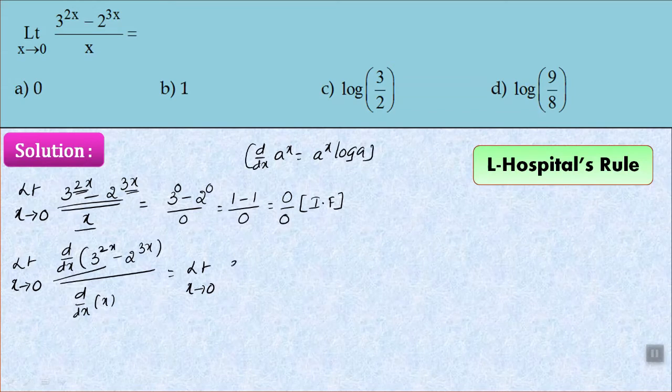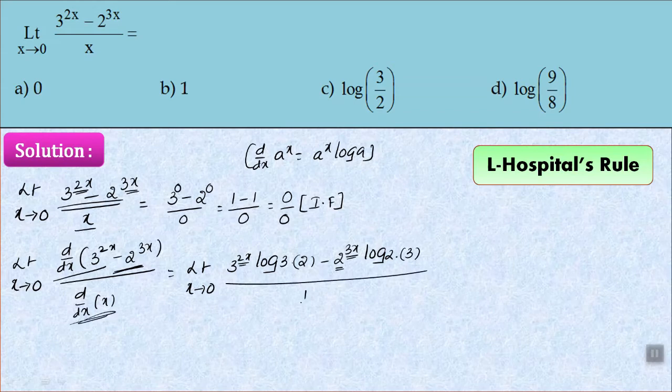So here 3^(2x) into log 3 into d by dx of 2x, which is 2, minus d by dx of 2^(3x), that is 2^(3x) into log 2 into d by dx of 3x, that is 3, divided by d by dx of x, which is 1, equals limit x tends to 0 of 2 into 3^(2x) into log 3 minus 3 into 2^(3x) into log 2.